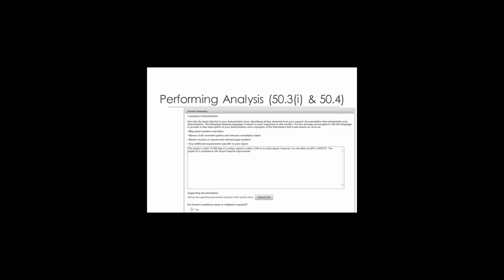So follow those instructions. Then you'll be taken to the screen summary where that compliance determination we saw on the overall Part A screen is filled in automatically for you. You'll get one that just pops up with a compliance determination based on your statements above. However, that is editable.